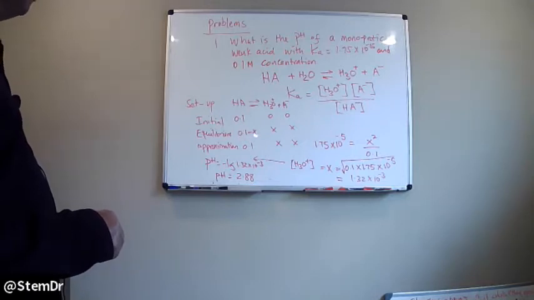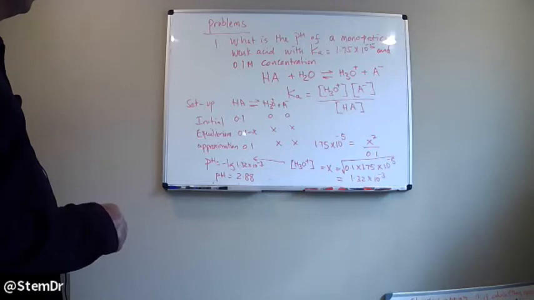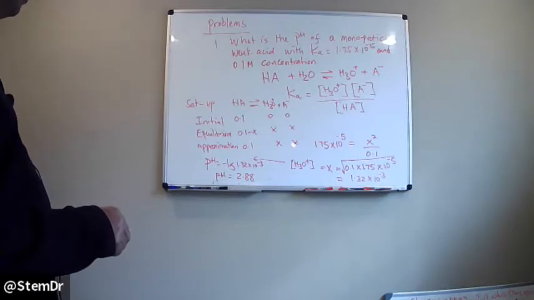Therefore, 0.1 minus X, the difference might not be significant, so you approximate it to 0.1. And you have X amount that's produced and X amount that's produced.